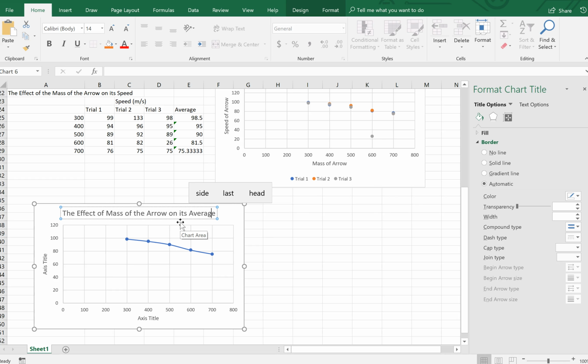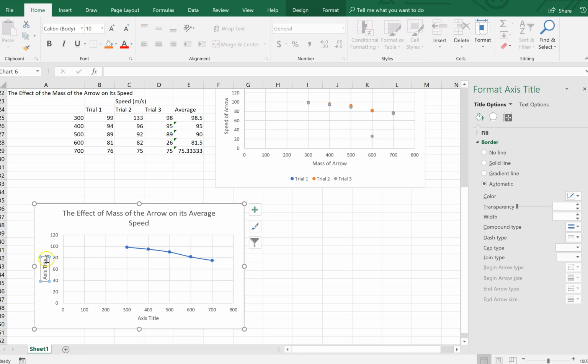On its average speed. Okay, really important to put that. And then, of course, this is the speed. Can anyone remember what we always need to include in the axes?